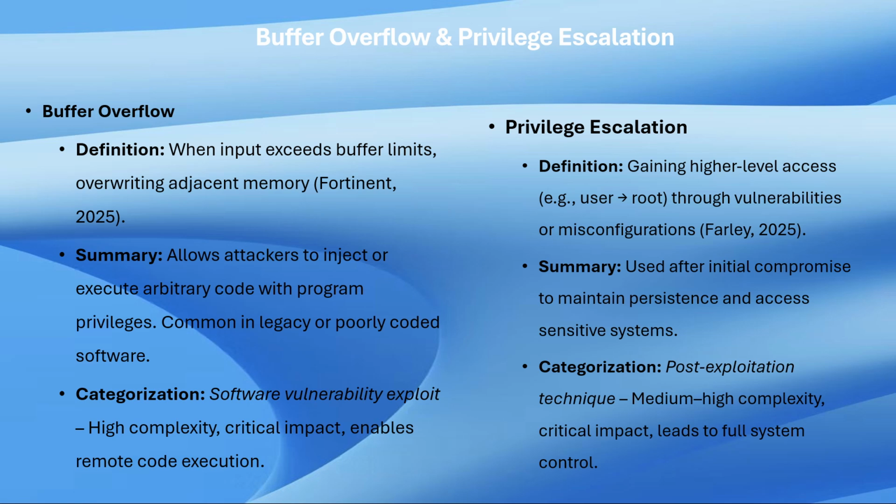Privilege escalation happens after initial compromise, where attackers exploit system loopholes to elevate from normal user to administrator or root. As you can see on the slide, sources from Fortinet and Farley detail these attacks. Key defenses include secure coding, access control, and monitoring of privileged activity.